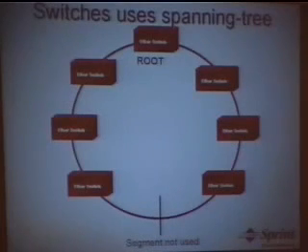Somebody tried to tell me, well, we can build a ring out of switches. So if you take Ethernet switches and you put point-to-point gig ethers or 10 gig ethers, and you do something like this, you run spanning tree, and spanning tree defines one box as a root, and then it wants to see a tree, not a ring. So what's going to happen if you turn on spanning tree on a topology like this, it's not going to use the segment in the bottom, because the tree of the root is on top.